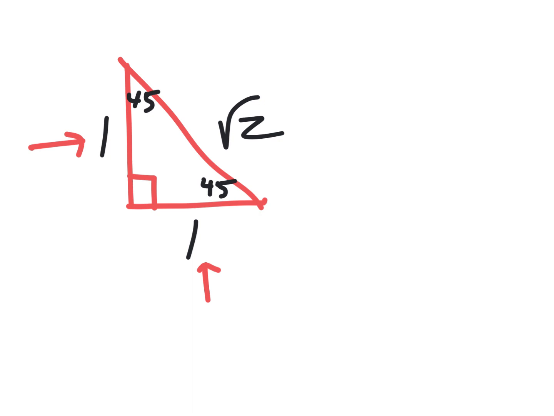And then you could use logic to figure out what this one is, because a squared plus b squared has to equal c squared. You take this one squared, which is still 1, this one squared, which is still 1, and then this one would have to be the square root of the other 2 added together. Square root of 2. All right, that's just a really quick reminder that you could use a squared plus b squared equals c squared to get these.